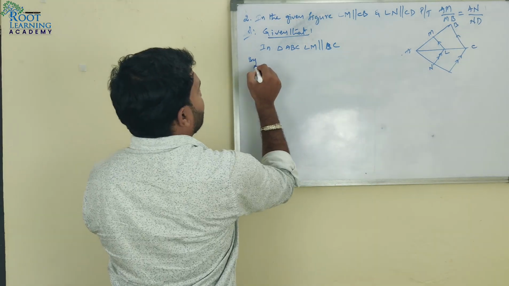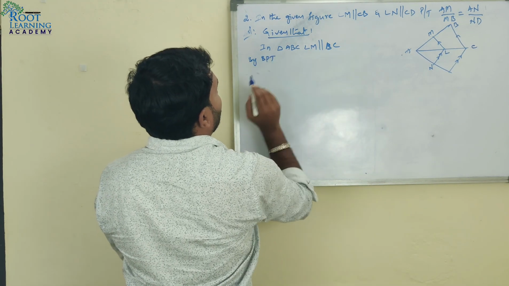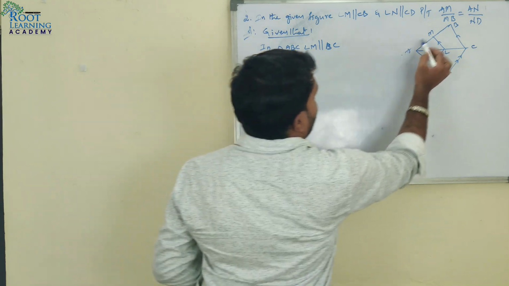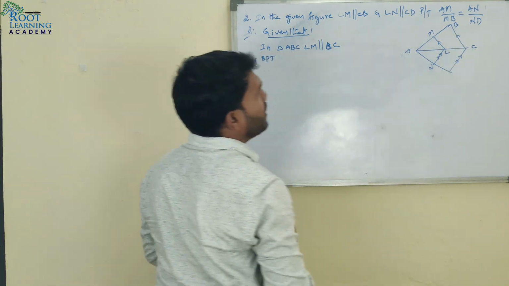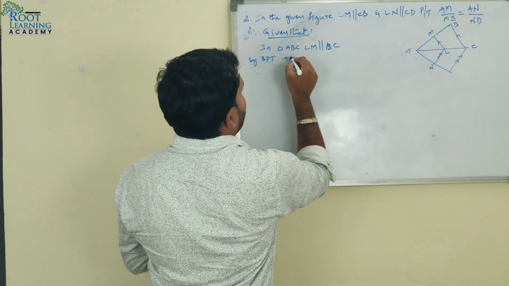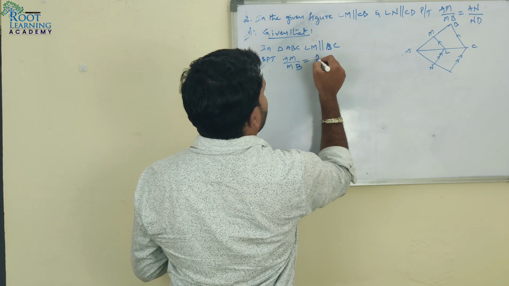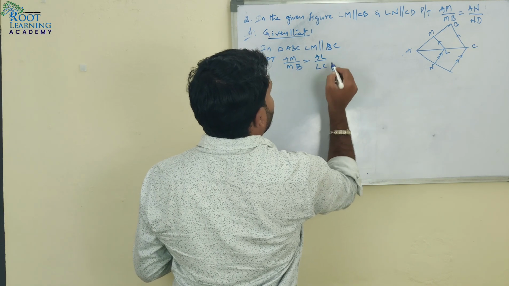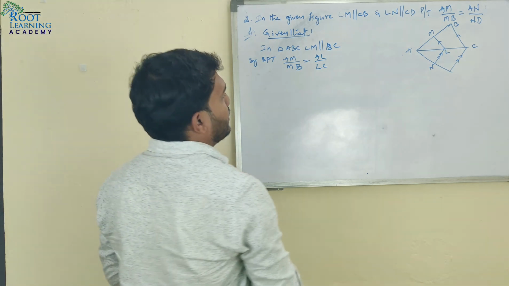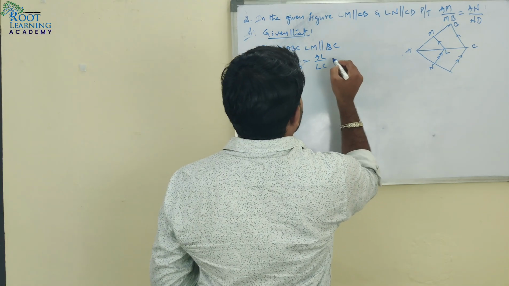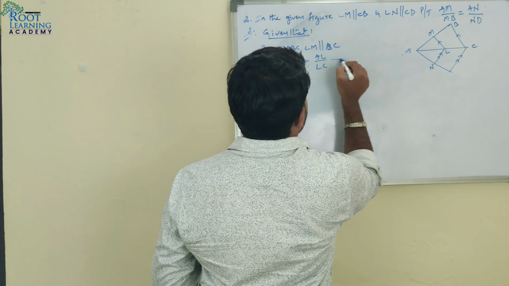So by BPT, what will we get? AM by MB is equal to AL by LC. Right? Take it as equation number 1.